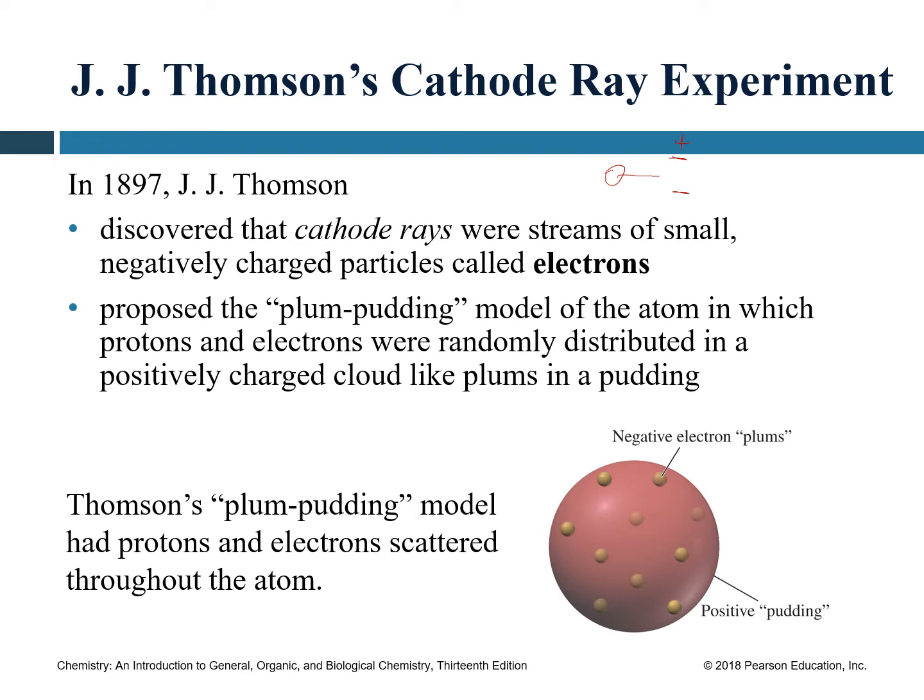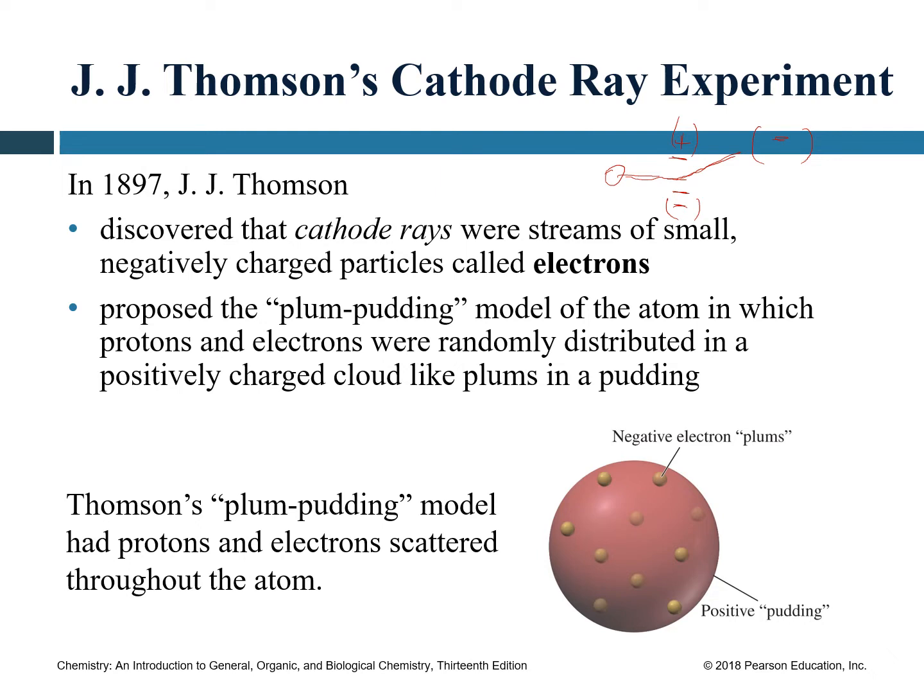One was a positively charged electrode, another was a negatively charged electrode. He noticed in his experiment that these rays were deflected more towards the positively charged electrode, which means that these rays, because they were attracted towards the positively charged electrode and repelled by the negatively charged electrode, were negatively charged, and he called them cathode rays.